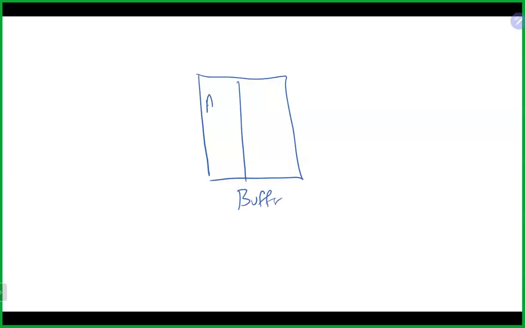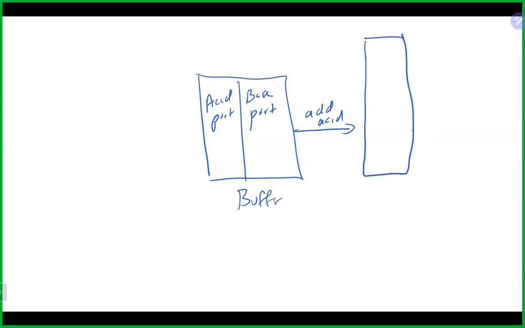So picture-wise, if you look at a buffer, typically you would want to make a buffer that has an acid part and a base part that are about the same amount. When you add more acid to it, it will react with the base. But as we saw, it will actually make more of the acid part of the buffer as a result of that reaction, and you'll use up a little bit of the base part of the buffer.